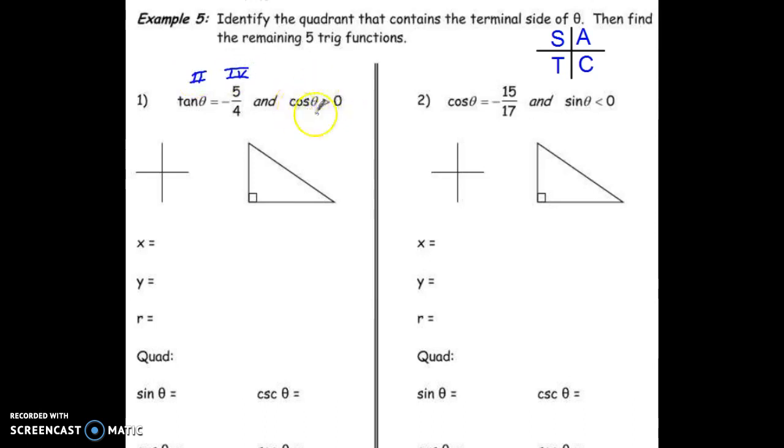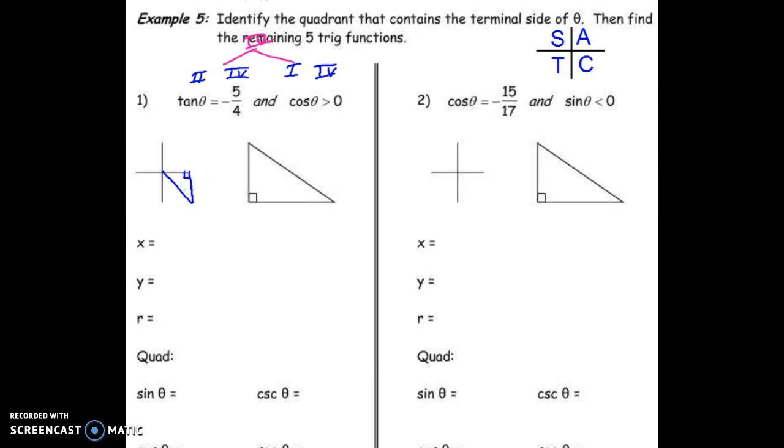And notice this says, where is a cosine positive? That would be in these two, 1 and 4. Which one repeats? Well, that would be in quadrant 4. So all I have to do is drop an angle into quadrant 4 and go back up to the x-axis.